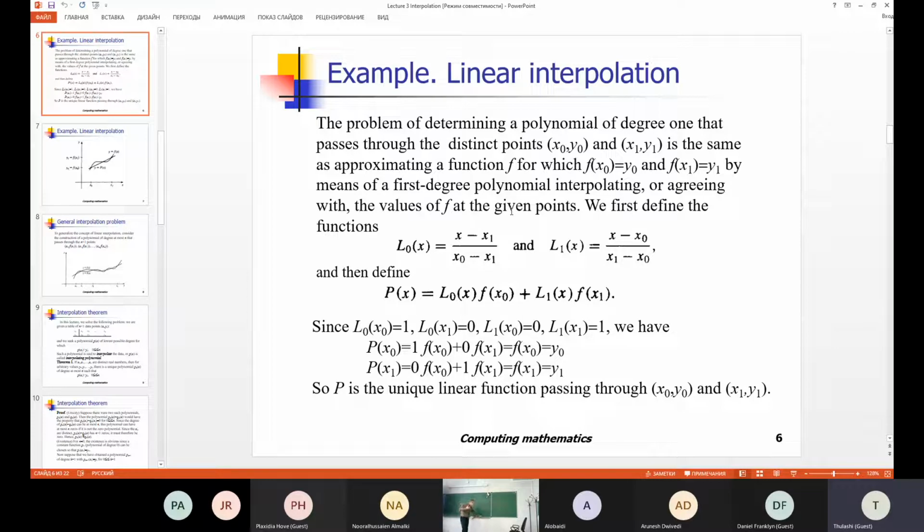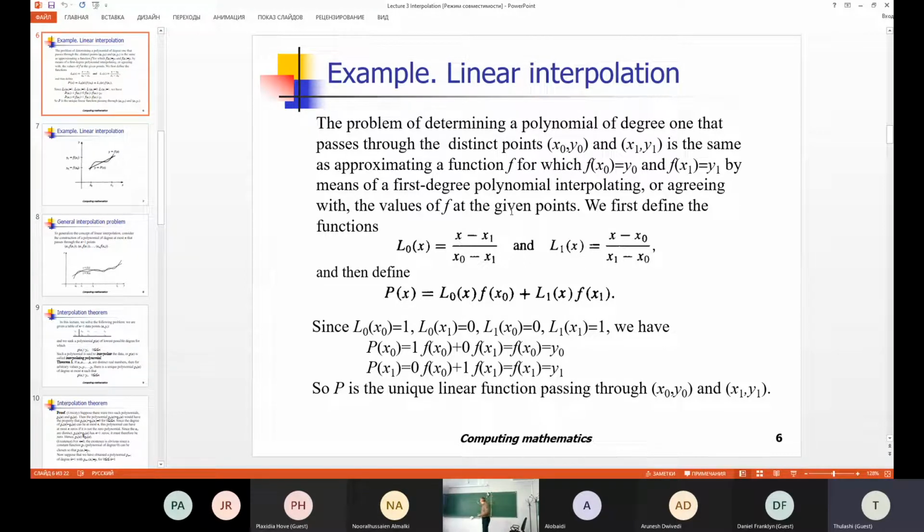Again, let's come back to the beginning of our lesson. We discussed the general form of the polynomial. What is the general form of the polynomial of degree 1? a1x plus a0. And the question of how to find a polynomial is a question of how to find the coefficients a1 and a0.